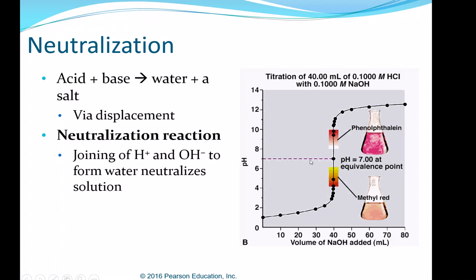These are displacement reactions that result in the production of water and some sort of salt. It kind of neutralizes, or pulls the teeth out of, the acids and bases, because anything that's too acidic or too basic can harm our body.